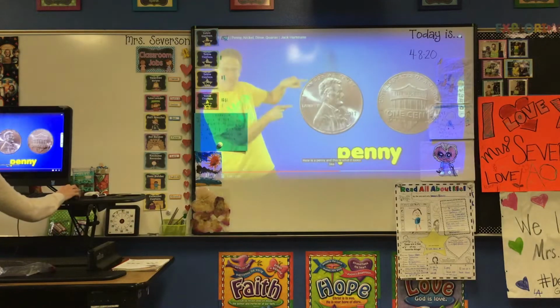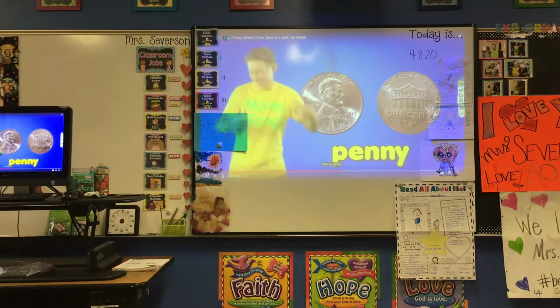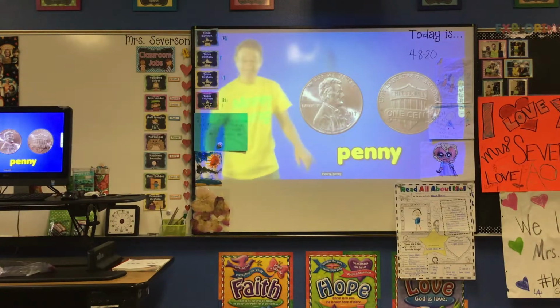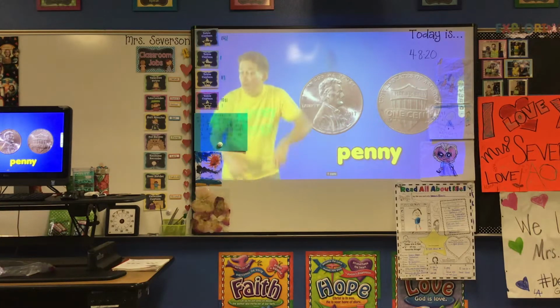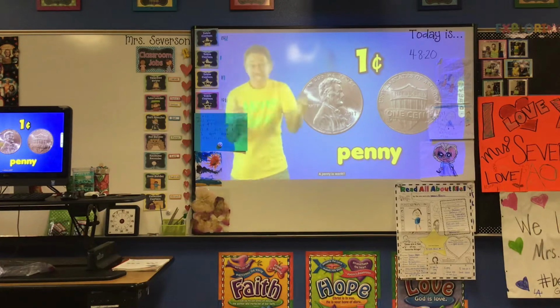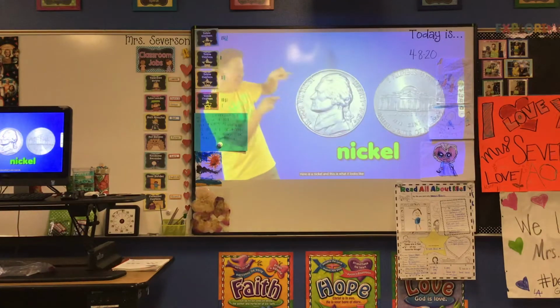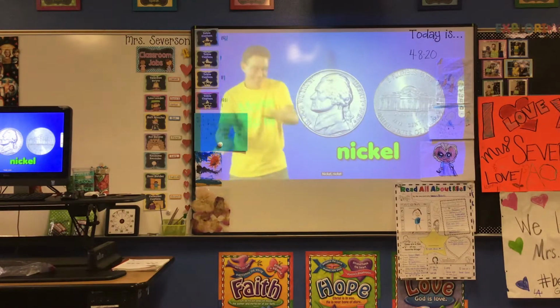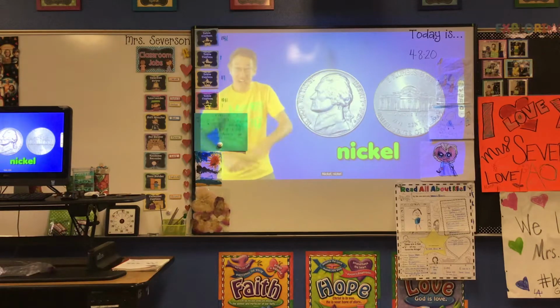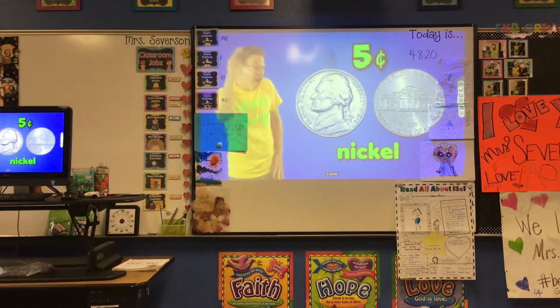Here is a penny, and this is what it looks like. Penny, penny, a penny is worth 1 cent. Here is a nickel, and this is what it looks like. Nickel, nickel, a nickel is worth 5 cents.